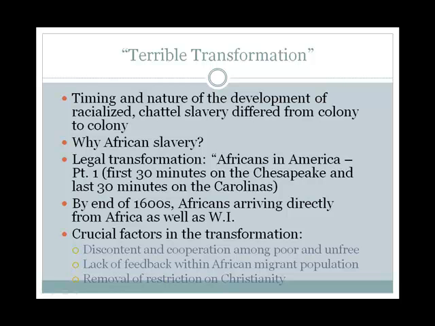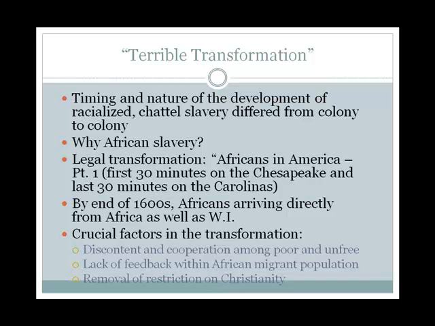And the crucial factors in this transformation are, number one, discontent and cooperation among poor and unfree people. When you have this system of indentured servants that includes not only European indentured servants, but also Africans who are given that status of indentured servant, once they are free, then they also become a part of this poor population of roving people, landless people for the most part, and they see connections developing between black and white for economic reasons.